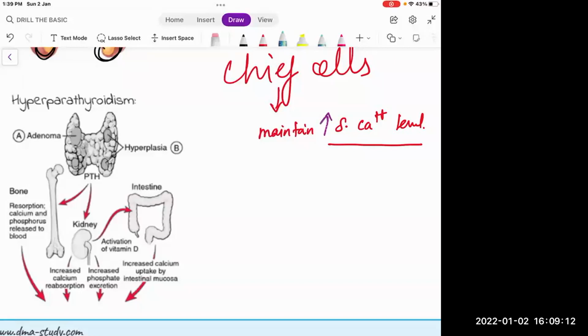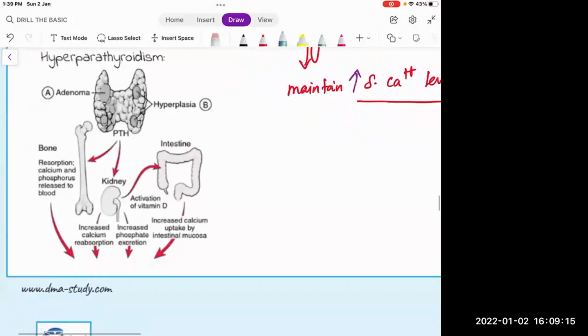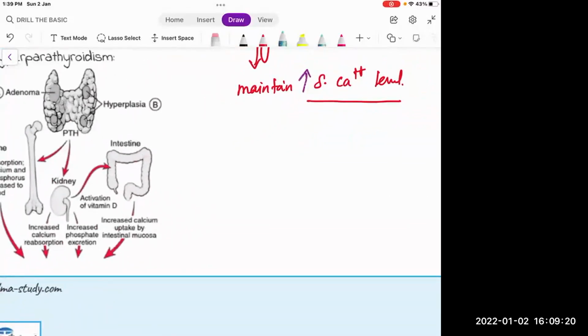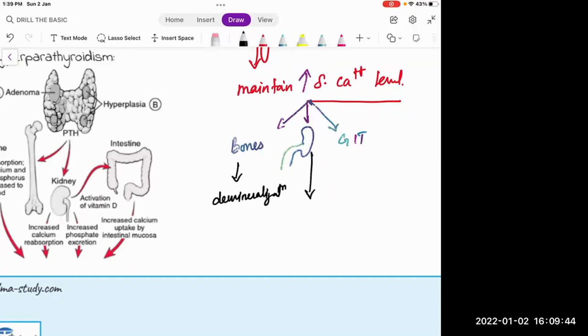Okay, so how it increases the serum calcium level is by acting on the bones, by acting on the kidneys, and by acting on the GIT. So these three regions are where it acts. In bones, it causes demineralization. In the kidney, it increases calcium reabsorption.